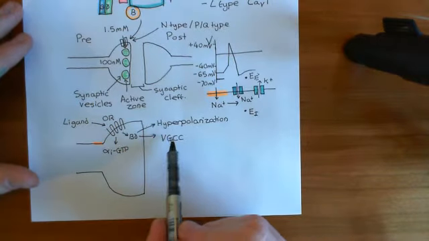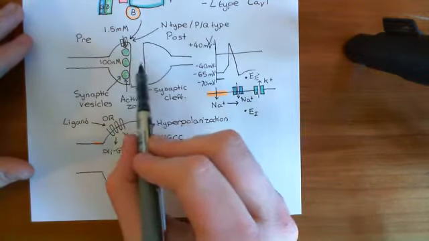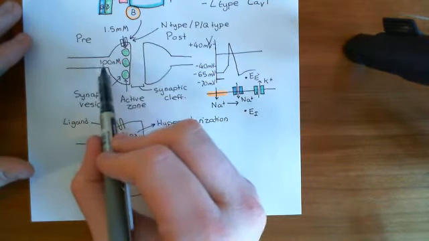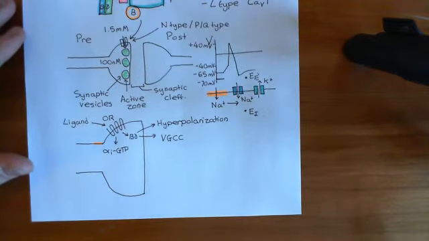So both of these things lead to the reduction in the release of neurotransmitter by the axon terminal, even if action potentials are propagating down the axon. So they reduce the amount of neurotransmitter that axon terminals will release.